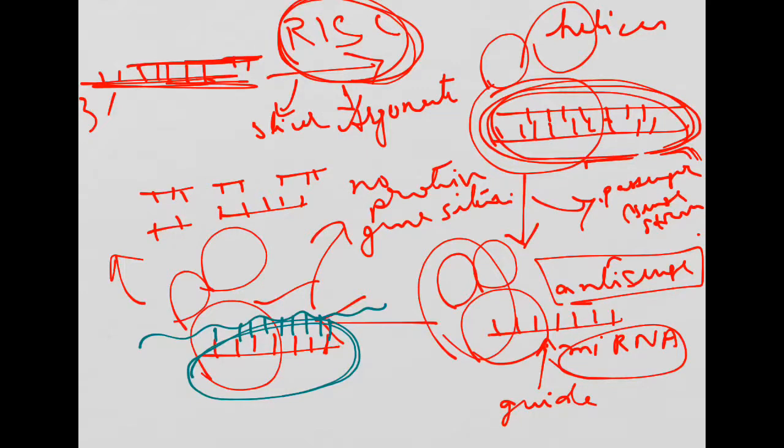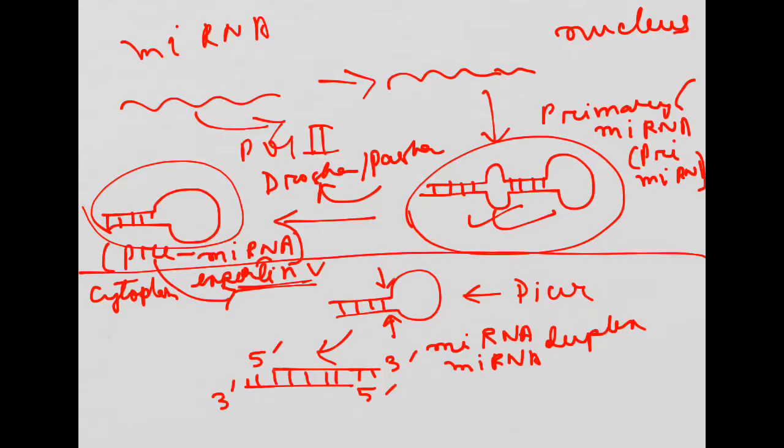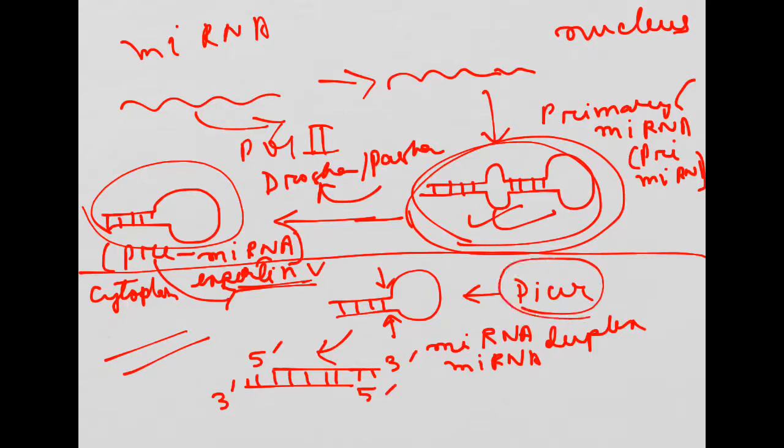So we can see here that a double-stranded RNA molecule is formed, forming a stem loop-like structure, which is processed by Drosha and Pasha enzyme to form a precursor miRNA molecule, which is transported to the cytoplasm here, and then this is processed by an RNase III-like enzyme that will cleave the stem loop structure and form a structure that will have a 2 nucleotide 3' overhang, and this is known as miRNA duplex.